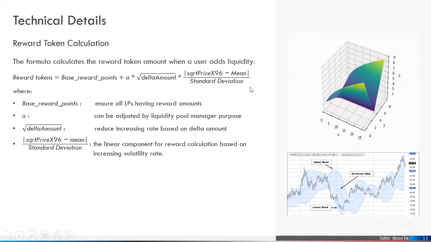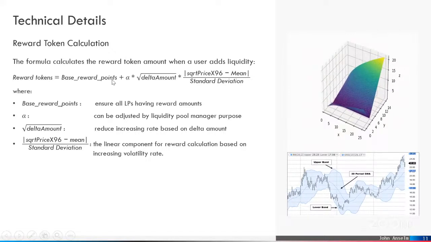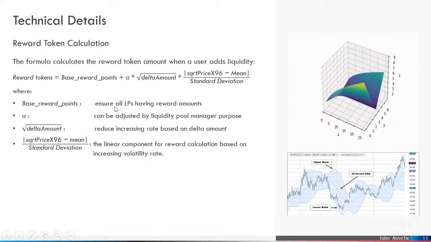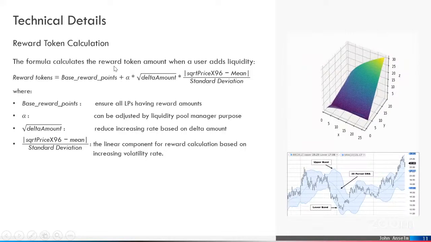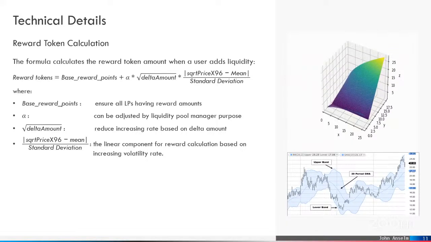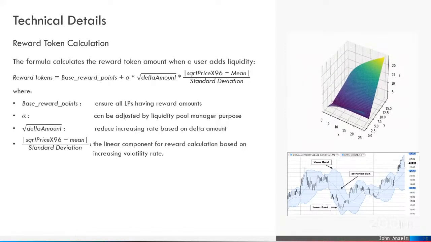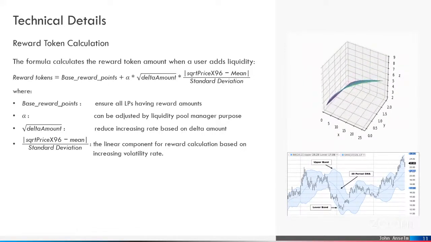The reason why we choose this formula is, first, base reward points: we want to ensure all LPs have a reward amount, and alpha can be adjusted by the liquidity pool manager for their purpose. We use square root for delta amount corresponding to liquidity addition to reduce the increasing rate based on delta amount.